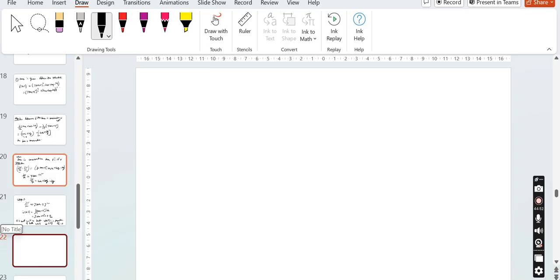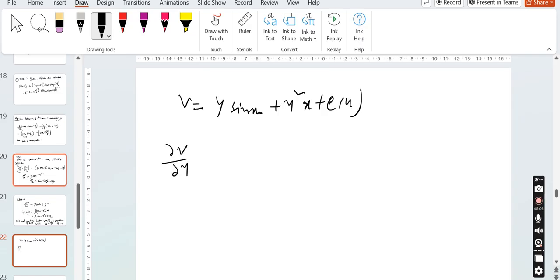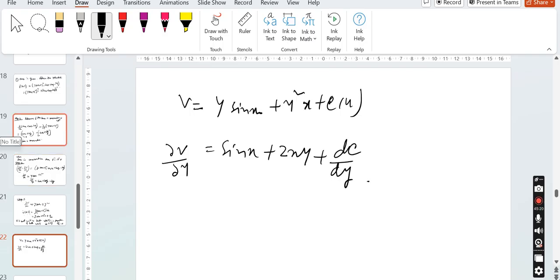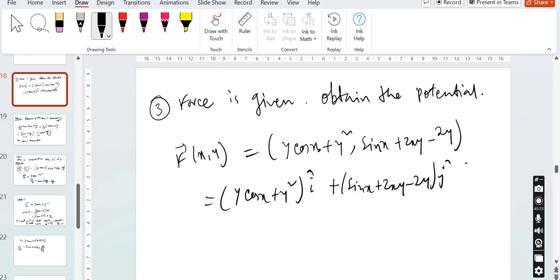Now to obtain c of y, we need to know that v is equal to y sin x plus y square x plus c of y. So del v del y is sin x plus 2xy plus dc by dy. Okay, and we have the del v del y value here, which is sin x plus 2xy minus 2y.